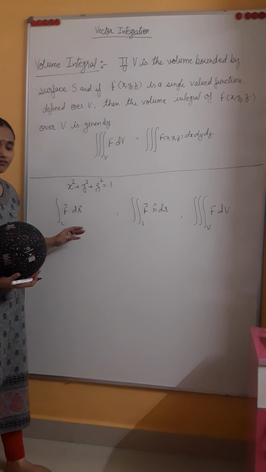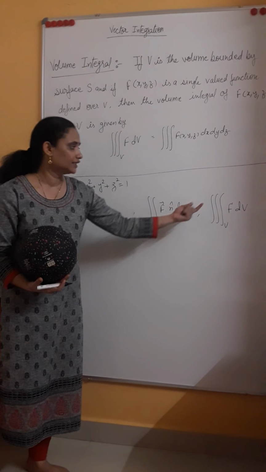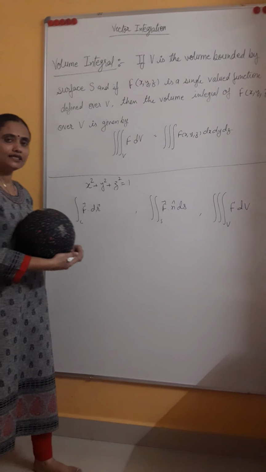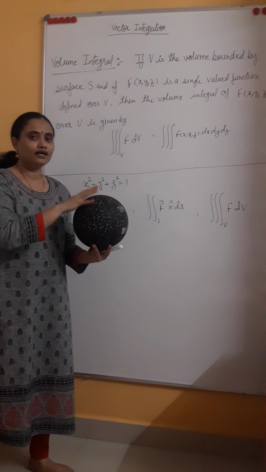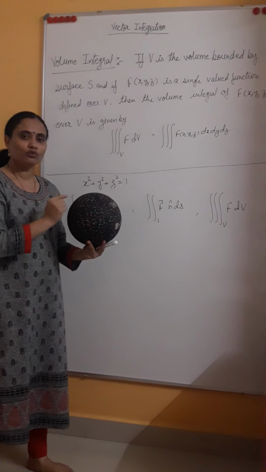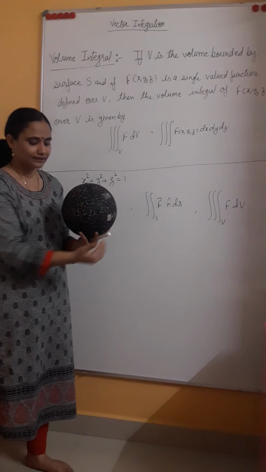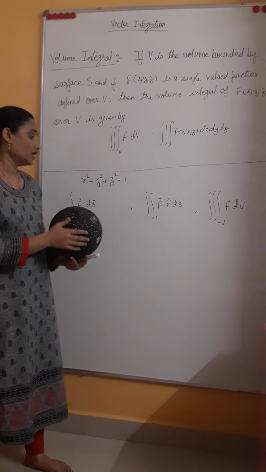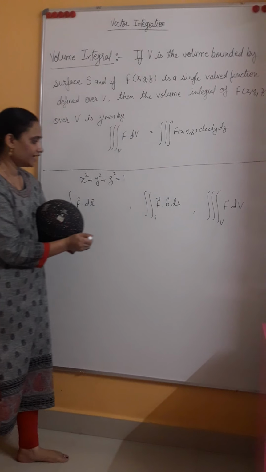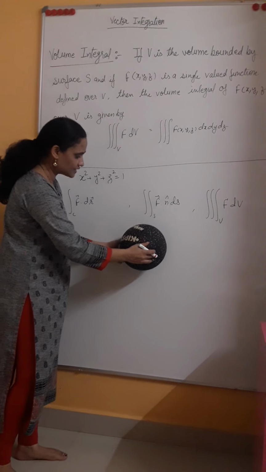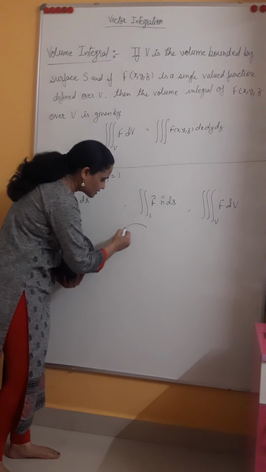How are we moving, which curve are we considering, which region, and what is the volume? In the case of the volume it is very clear: it is the volume bounded by this sphere, and we move through the sphere completely. This is three-dimensional, with x-axis, y-axis and z-axis. Now, if I take the projection of this sphere onto a coordinate plane, the projection will inscribe a circle.